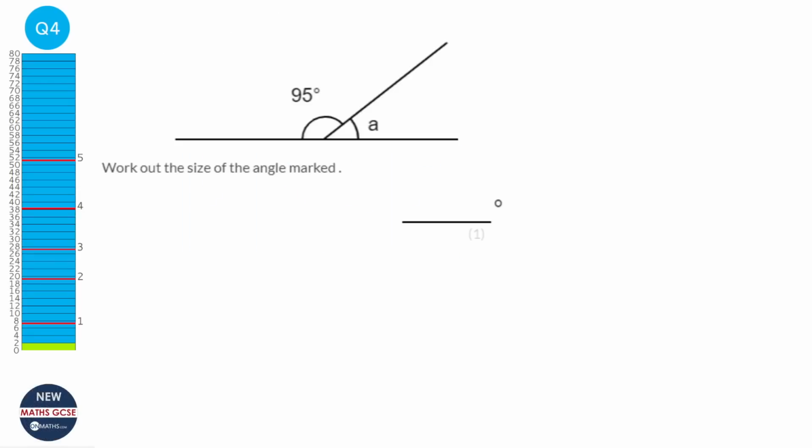2032. Here we're given two angles on a straight line, and we know that all angles add up to 180 on a straight line. So to find out what A is, we're going to do 180 take away 95. 180 take away 95 is going to be 85 degrees.